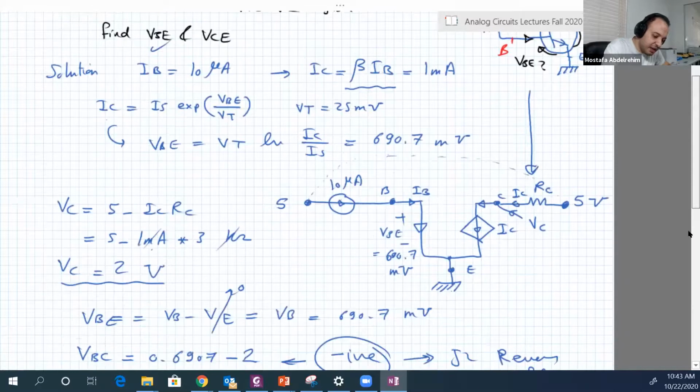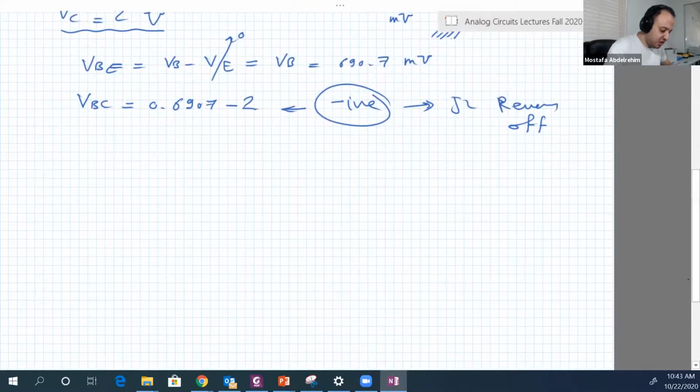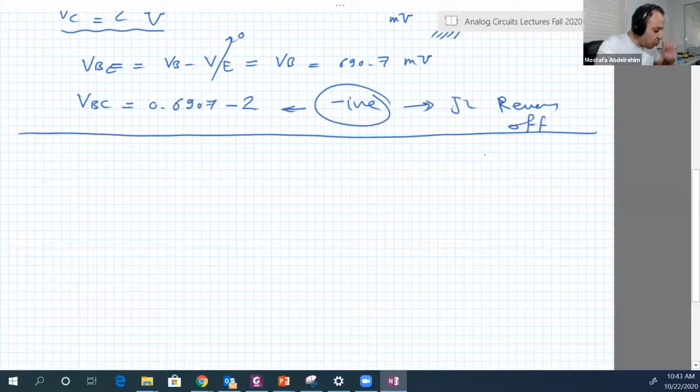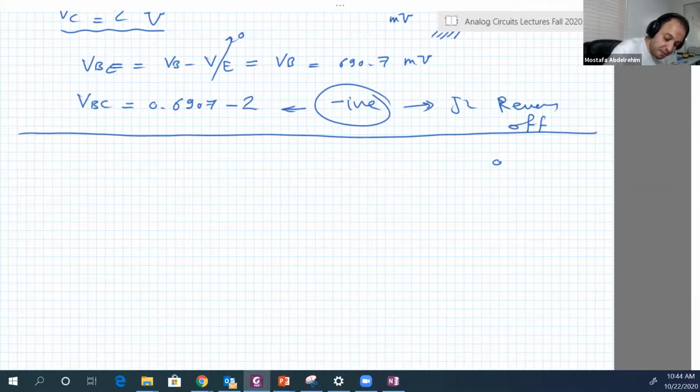So let's have another example. Let's do it on the same page here, because they are related. I'm going to make a very small change. It's the same example, but now instead of the current source, we're going to put a resistor to 5 volt.